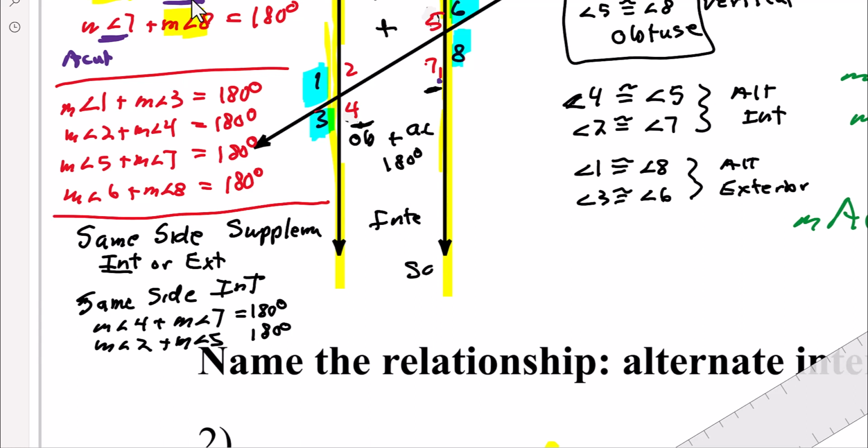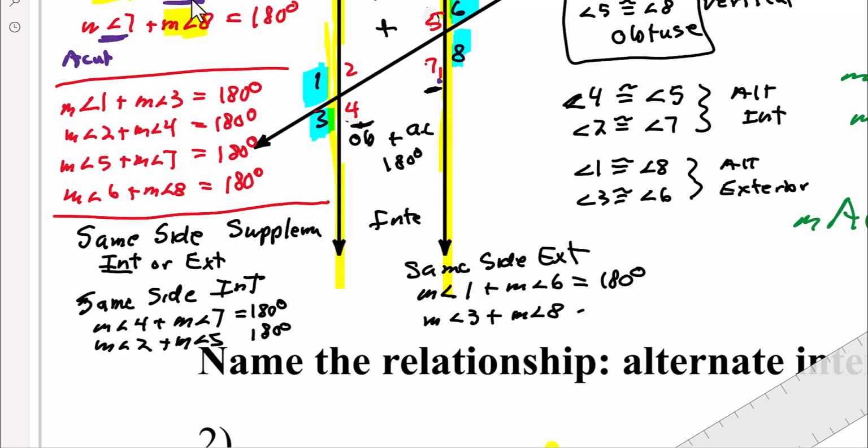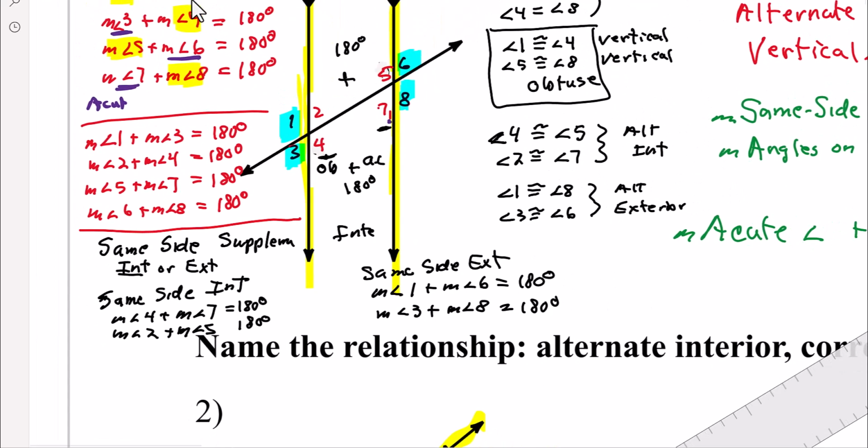And then same side exterior: the measure of angle 1 plus the measure of angle 6, the measure of angle 3 plus the measure of angle 8, those both add up to 180 degrees. Okay, I'm going to pause this right here.